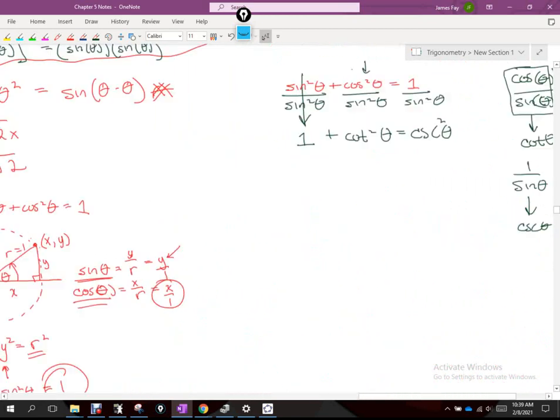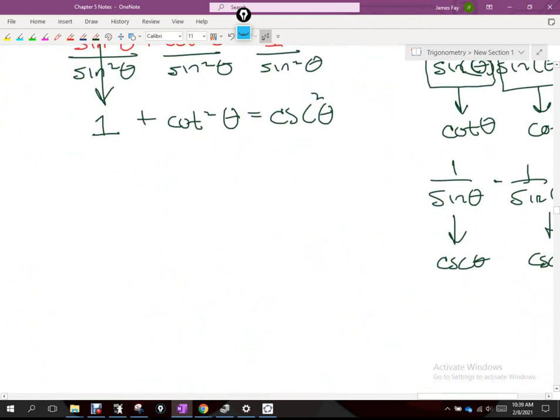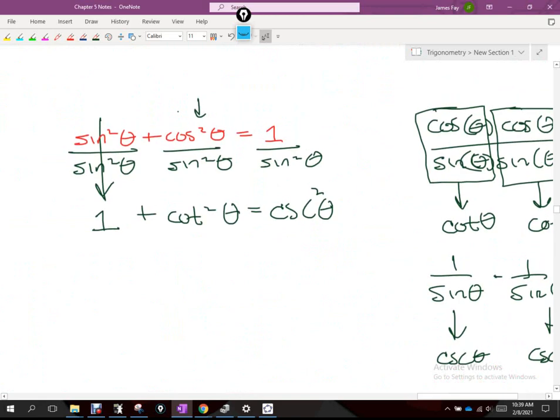Okay. So if that's how I develop that one, what do you think I divide by to get the other one? Yeah. So I got sine squared theta plus cosine squared theta equals 1. I'm going to go through and divide everything else by cosine. Cosine squared theta, cosine squared theta, cosine squared theta.